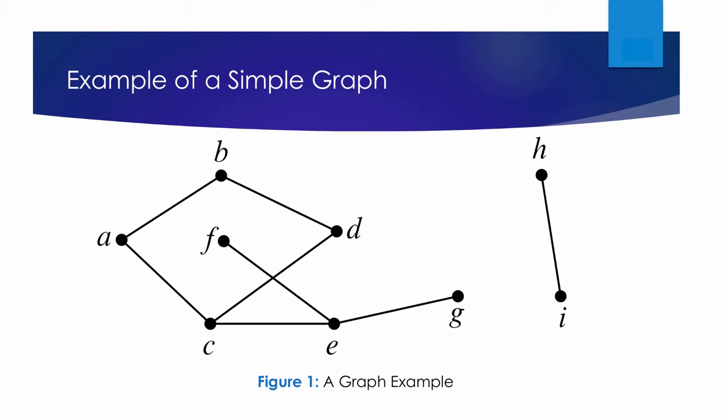Another subset, denoting the relationship between A and C, is {A, C}. You need to note that {A, B} and {B, A} are different descriptions of the same edge, since sets are unordered. In this graph in the figure, we have 9 nodes and 8 edges.